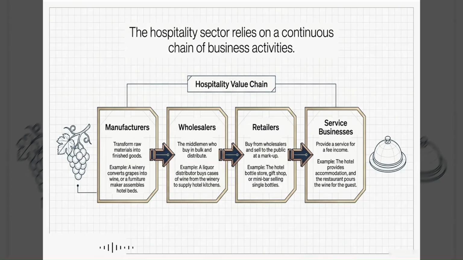The food service distributors and beverage wholesalers who deliver to hotels and restaurants sit here. A retailer buys goods from wholesalers or manufacturers and sells them to the general public at a markup. Cost price plus markup gives selling price, a relationship you will calculate many times in later units.